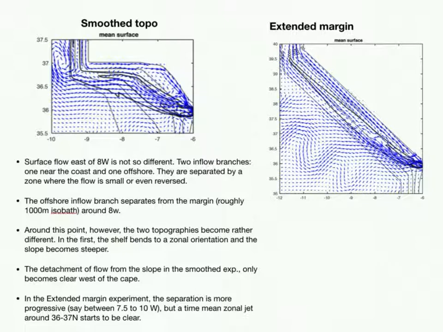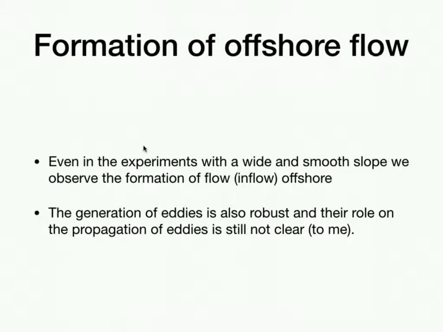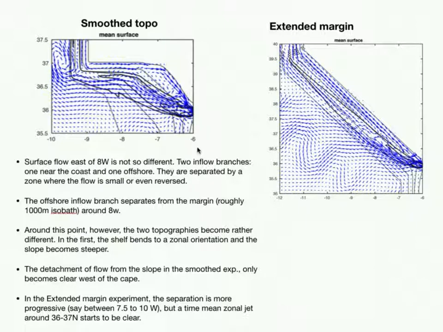So the interesting thing is the fact that we have the generation of this flow independently of any topographic feature, right? So even in the extended margin experiment, you have it there. So that's a very interesting and important result because even in the smooth topography, we can see it forming here.